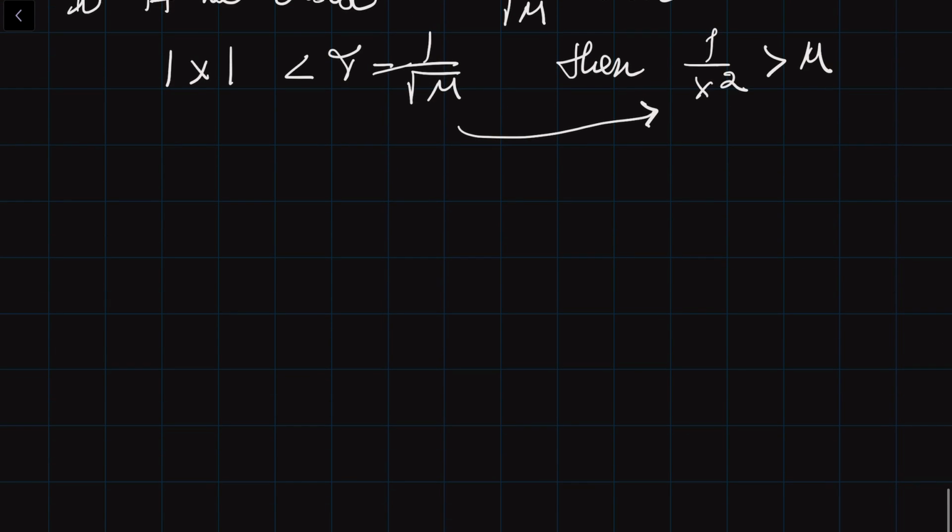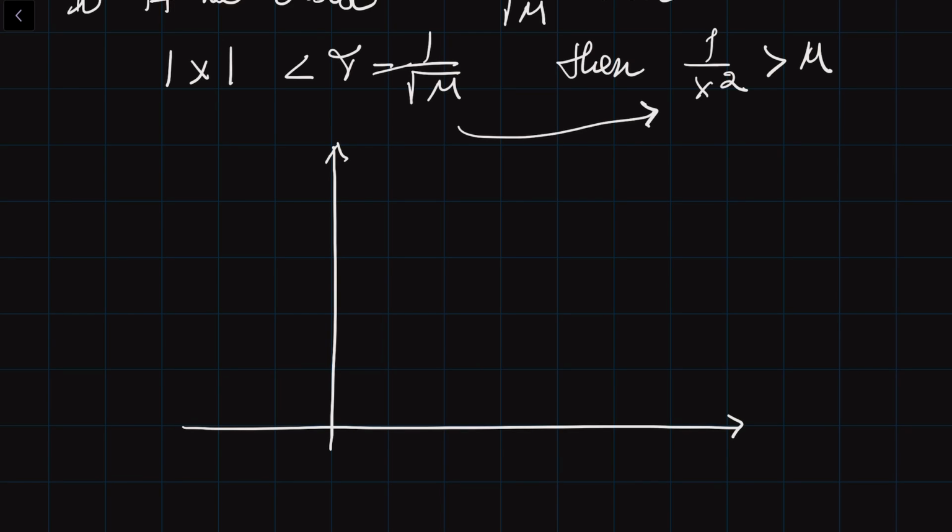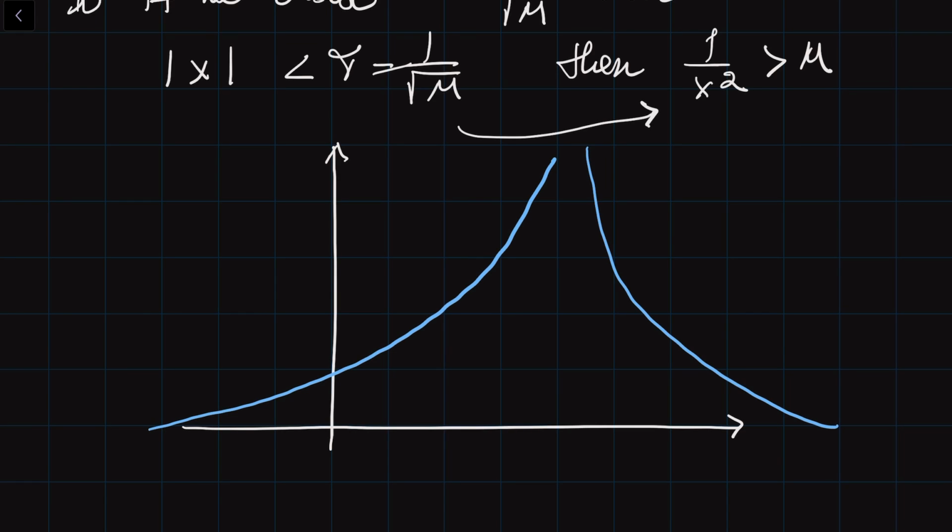Graphically, it looks like this. I'm going to sketch the graph of this function. Approximately, this function is going to look like this. I'm going to try to explain what it means. You see, this function is becoming really, really big as I'm approaching this point a, right?